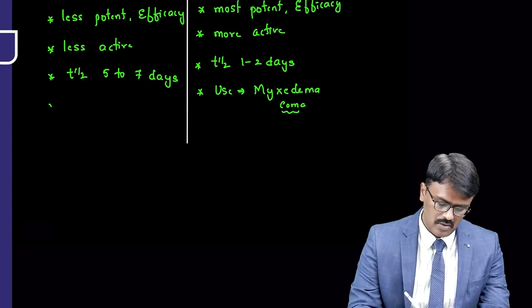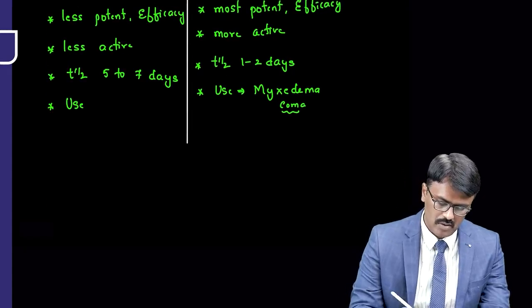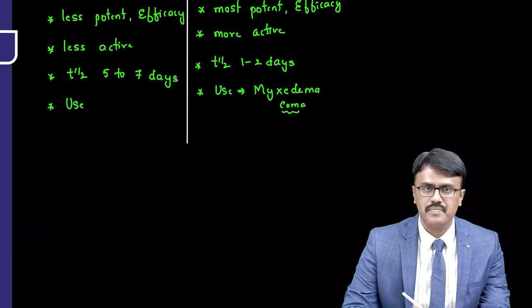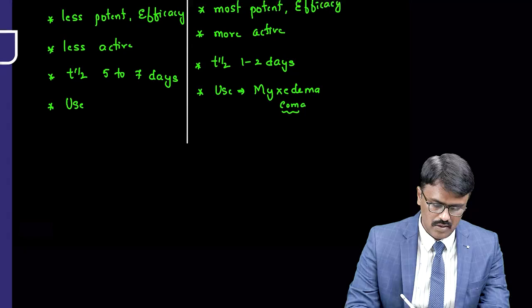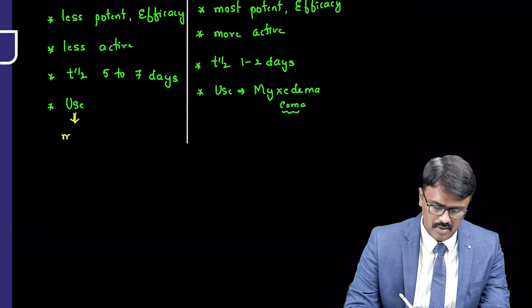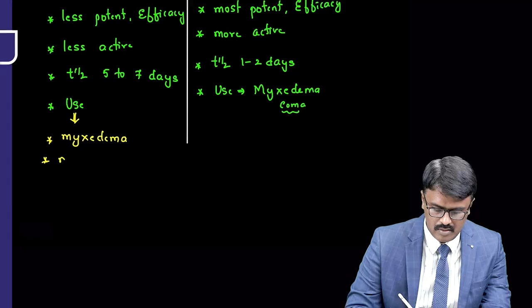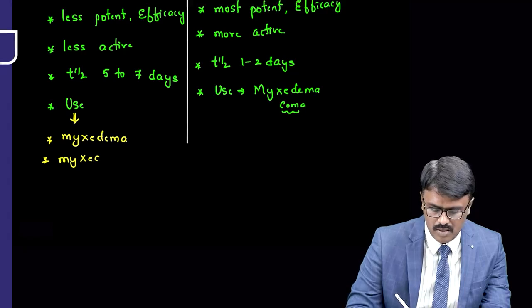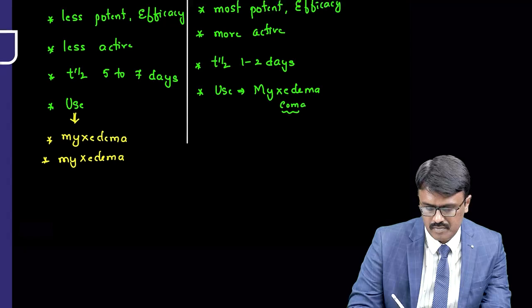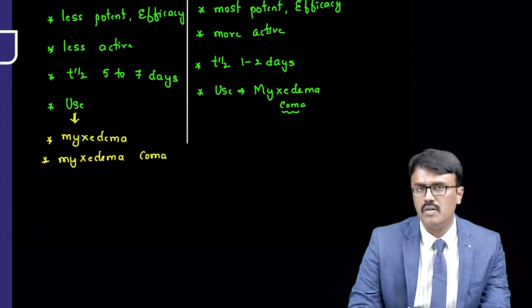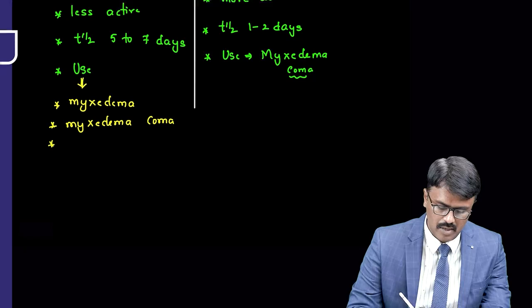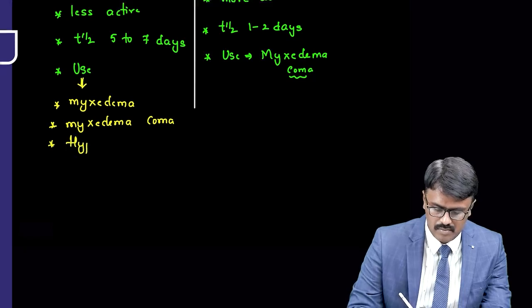Now, where do you use the T4, that is levothyroxine? Levothyroxine is mainly used for myxedema. It is also used in myxedema coma. It is one of the commonly prescribed drugs to manage hypothyroidism.